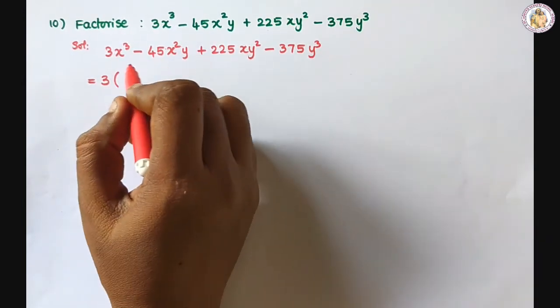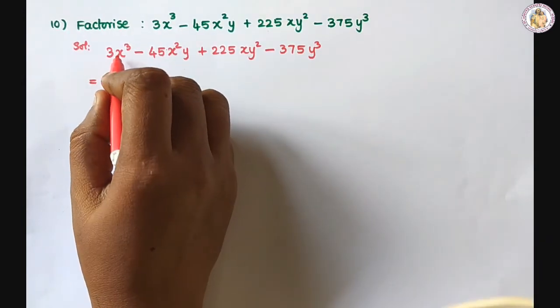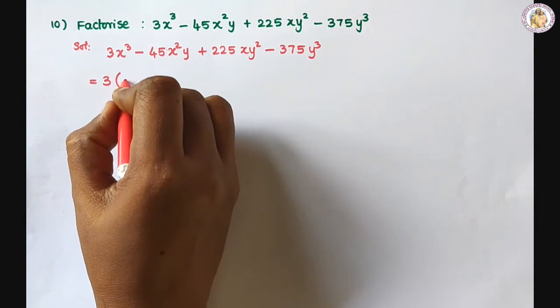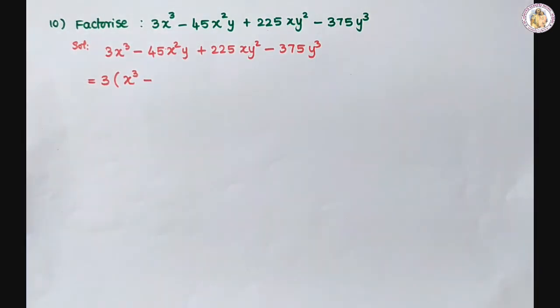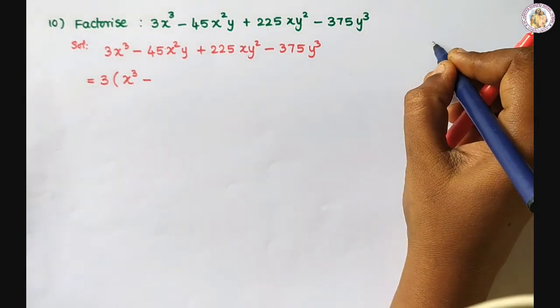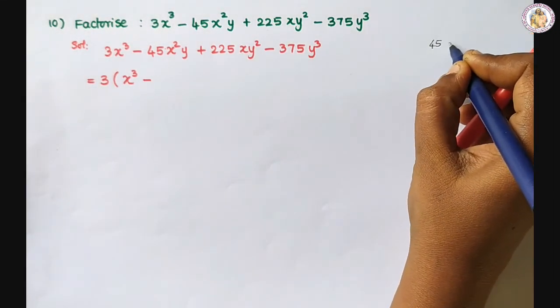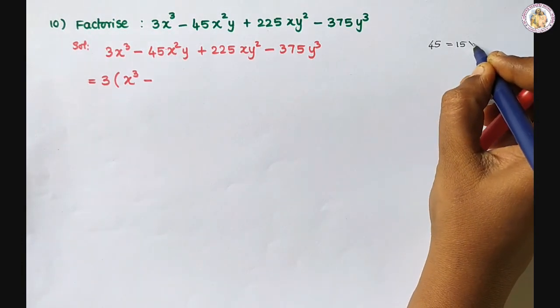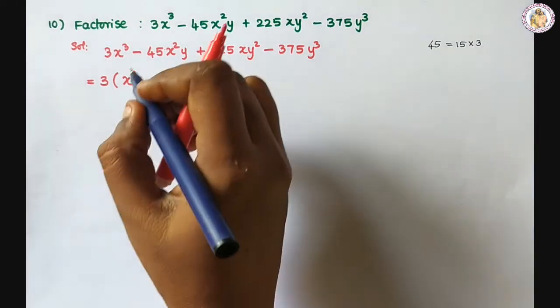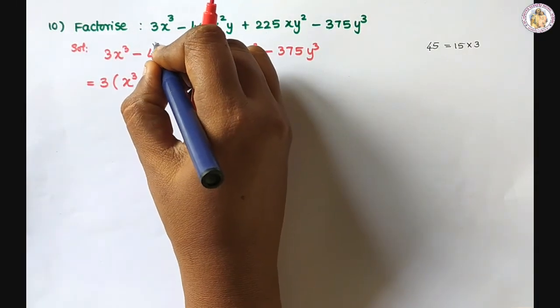Inside the bracket what will be there? Here taken out 3 means remaining x cube minus 45 can be written as how much? 15 3s are 45. So it is 15 into 3.